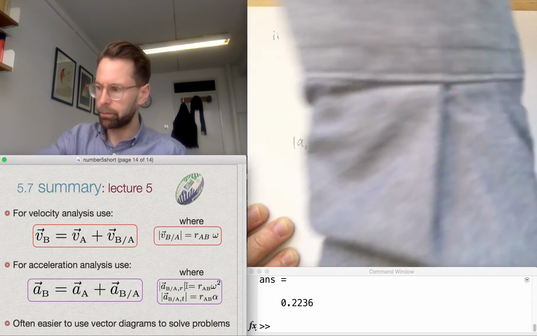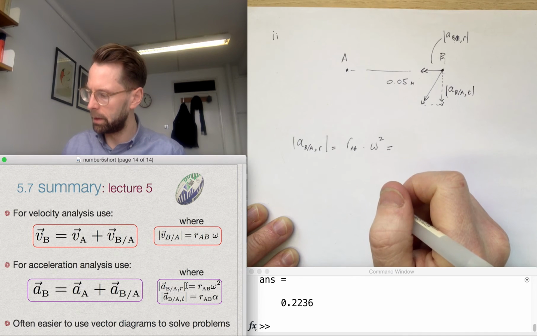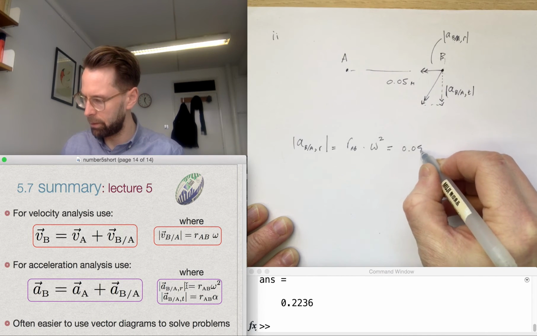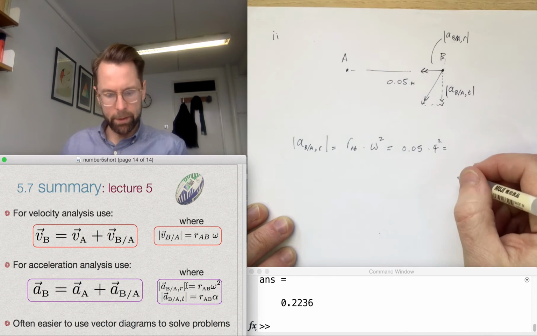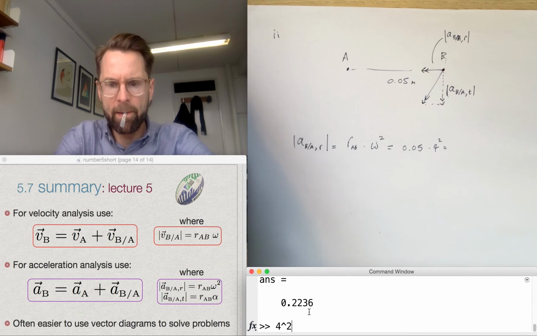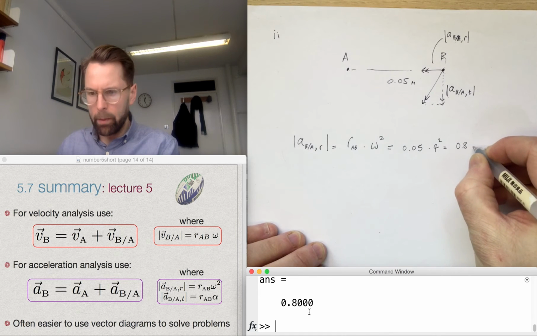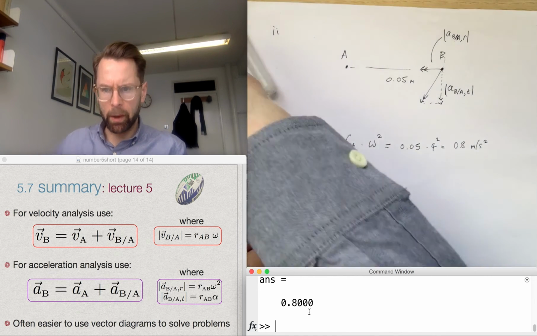So that equals 0.05 times 4 squared, which gives us 0.8 meters per second squared. So that's part 2.